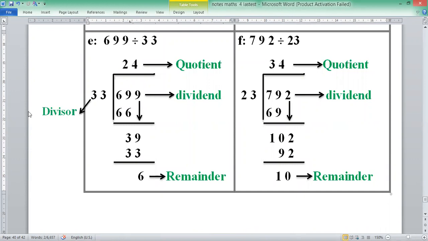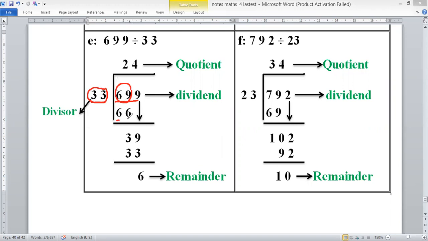In part E, we have 699 divided by 33. So first we take 69 and 33. Consider that this time we have only 69 as dividend and 33 as divisor. Therefore, we will multiply 33 by 2.